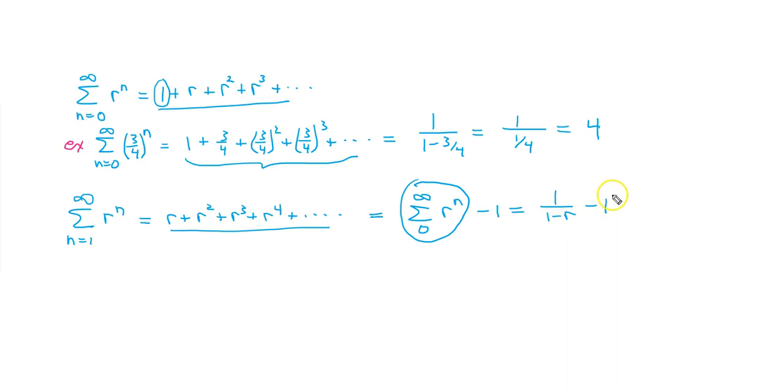And now simplifying this by cross multiplying, think of this 1 here as being 1 over 1, and cross multiplying, what we end up with is this. And simplifying that, you notice how these ones here cancel. Negative of negative r becomes positive r, and we get r over 1 minus r, like that.